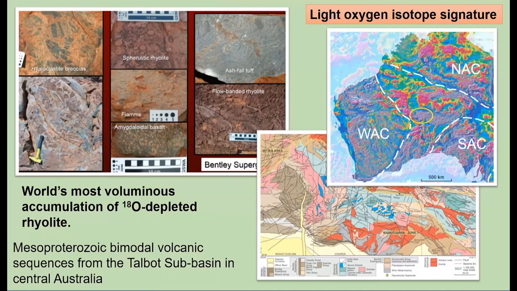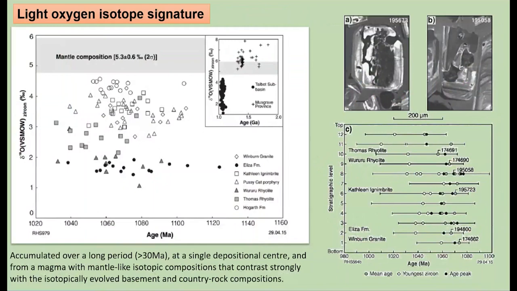Looking at the oxygen isotope signature of these volcanic products is interesting. And what we see is we've got this prolonged volcanic province stretching for almost 100 million years. And it's also distinctly light. So here's our mantle composition at 5.3. The oxygen isotope signature of these zircons tends to be variably light, down to as light as 1 or 2, and that's quite unusual.